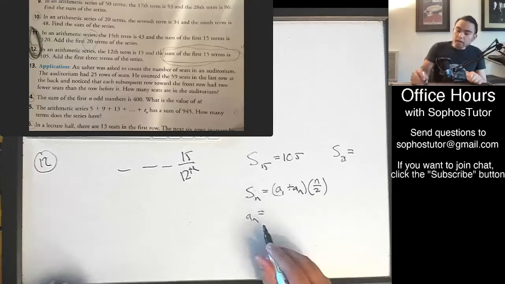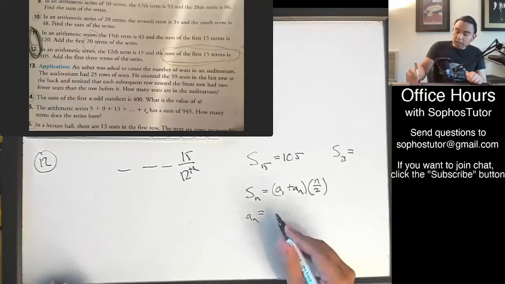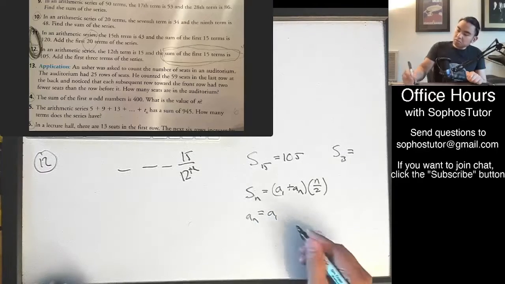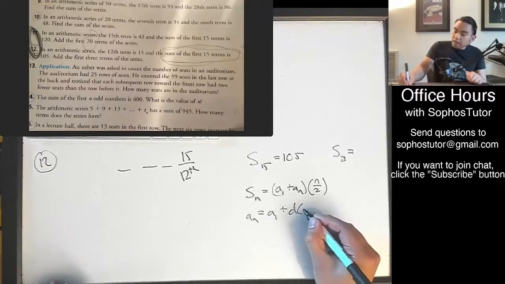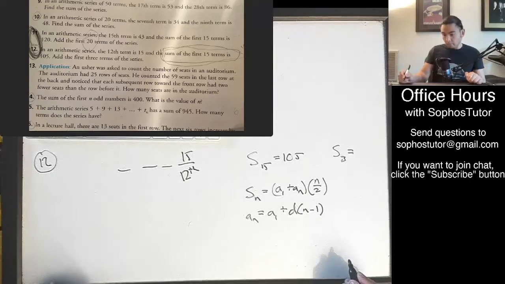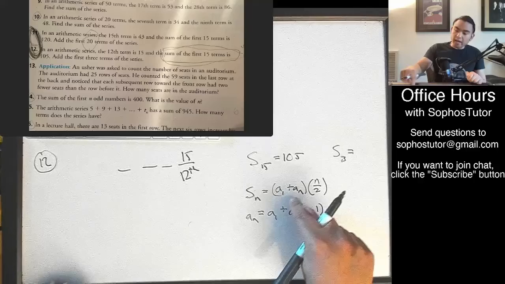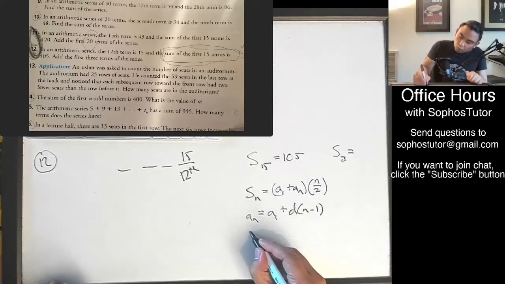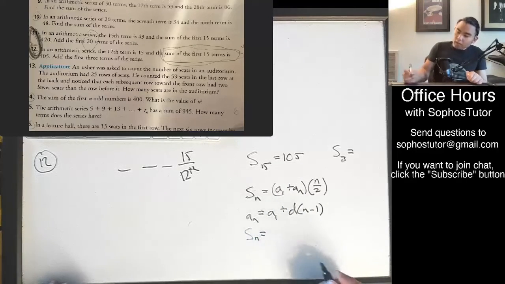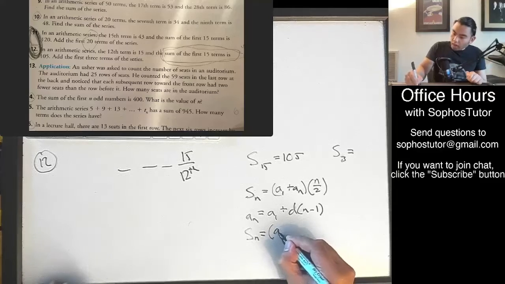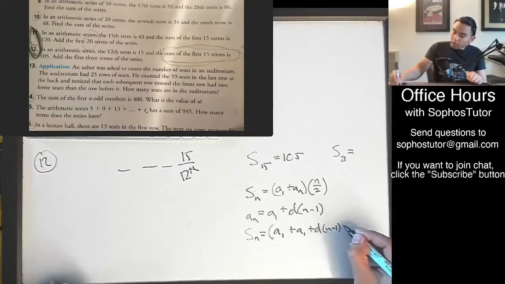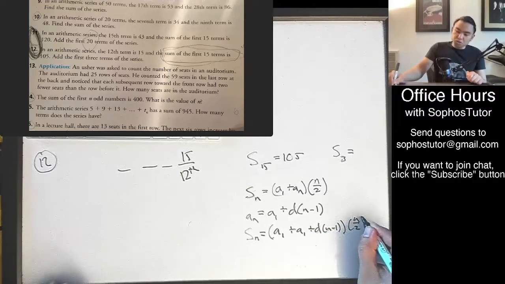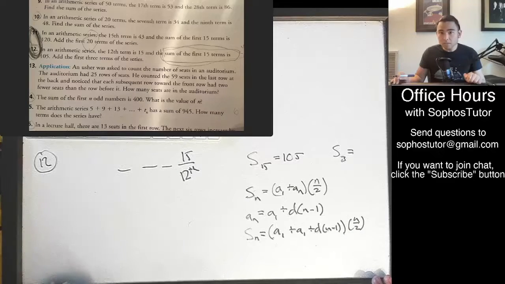Well, we can get the nth term by taking the first term and adding the difference to that term n minus 1 times. So if we replace that into a sub n, the sum of n terms is going to equal a sub 1 plus a sub 1 plus d times n minus 1, times n over 2. Okay?